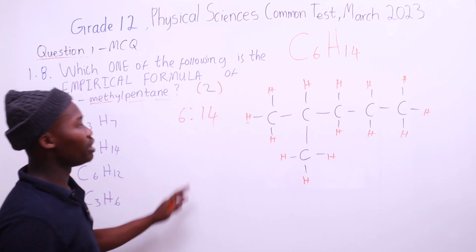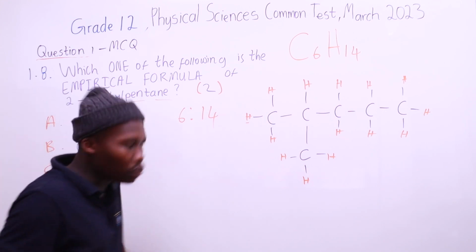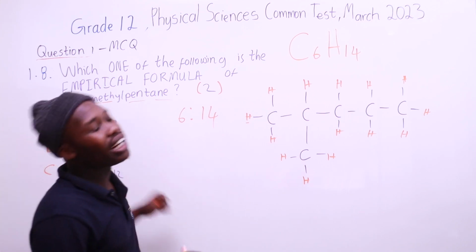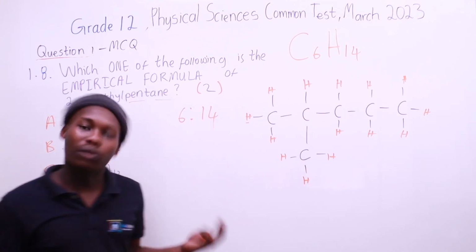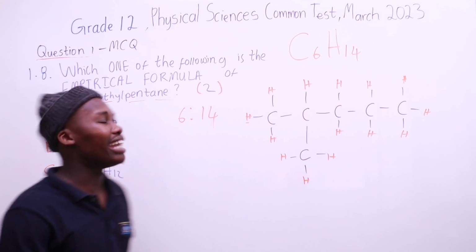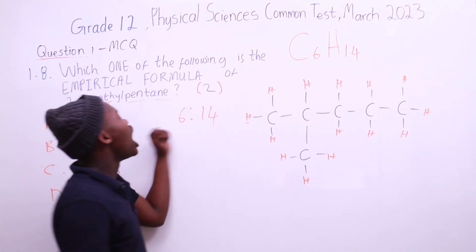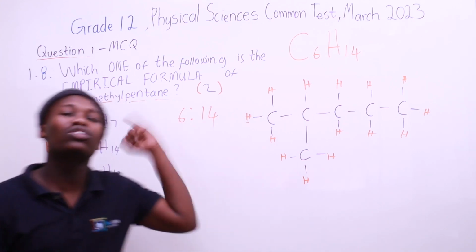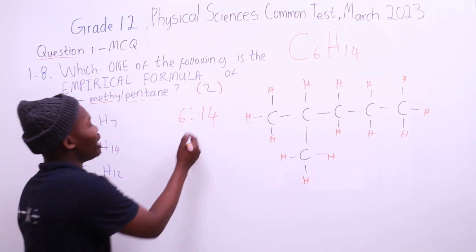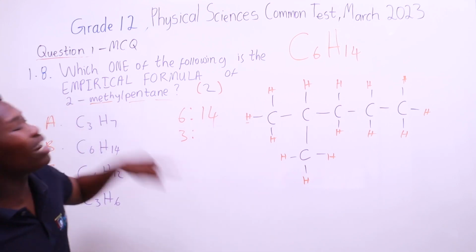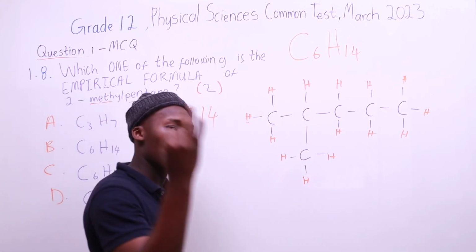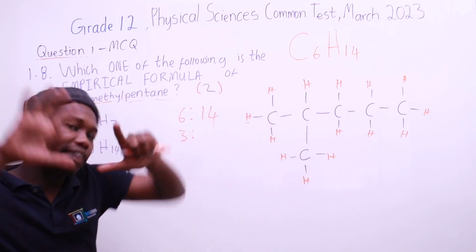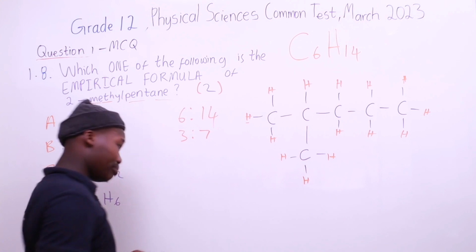What number goes into both 6 and 14 without a remainder? What is the common factor between 6 and 14? We know obviously it is 2. There is no other. How many times does 2 go into 6? 2, 4, 6: 3 times. How many times does 2 go into 14? 2, 4, 6, 8, 10, 12, 14: 7 times. So 3 and 7.